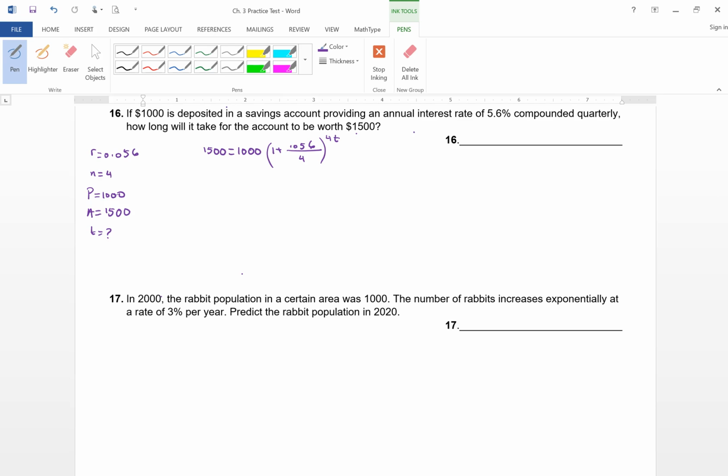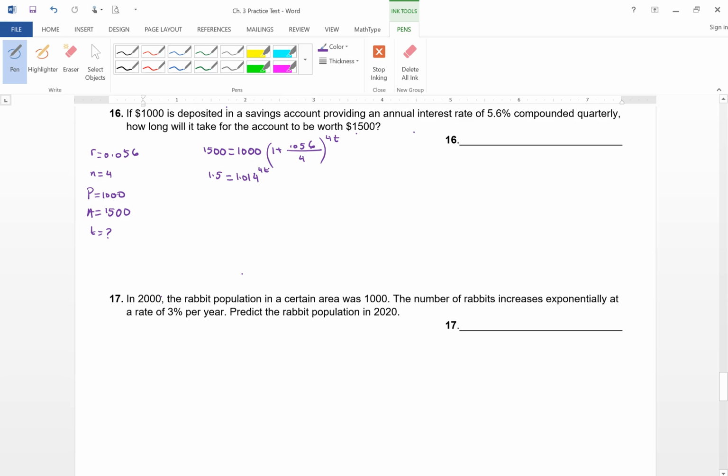All right, so we divide, this is 1.5 equals, let's see, I can simplify this one. What would we get when we simplify? 1 plus 0.056 over 4 is 1.014 to the power of 4t.